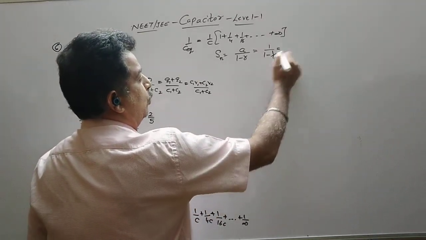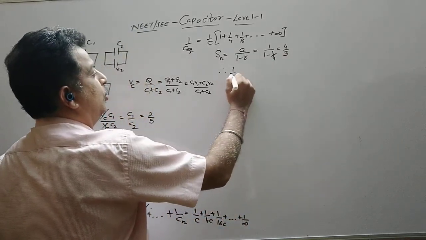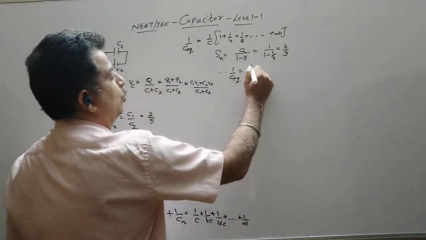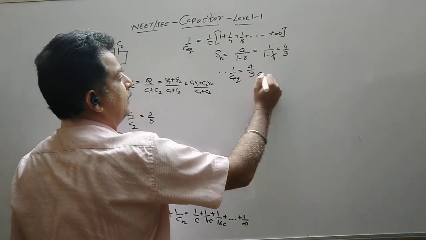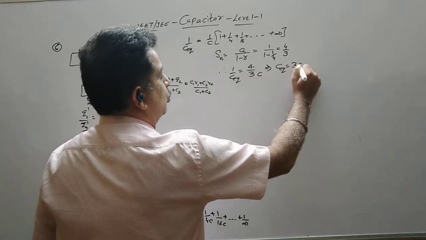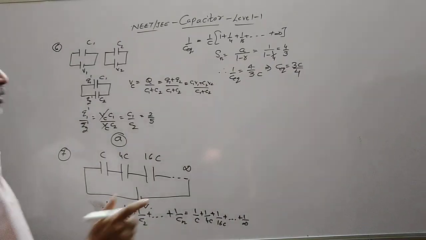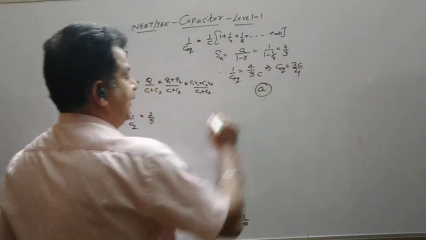So this is equal to 4 by 3, and therefore 1 upon C equivalent is equal to 4 by 3C, which implies C equivalent is equal to 3C by 4. So that is option number A.